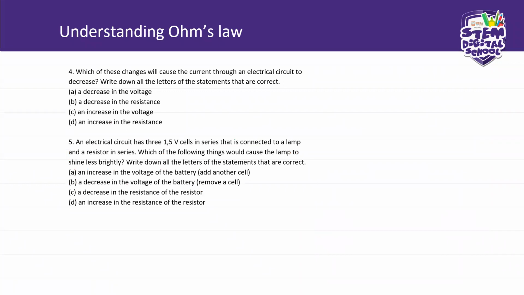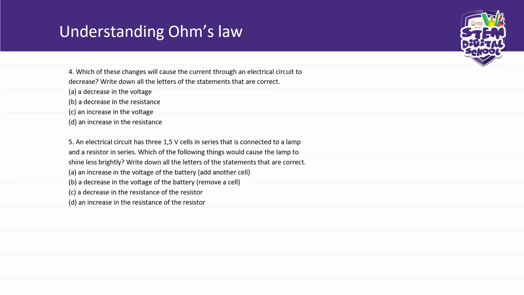There are questions. Which of these changes will cause the current through an electrical circuit to decrease? Right? Write down all the letters of the statements that are correct. Okay? What is it that will decrease the current? A, a decrease in the voltage.